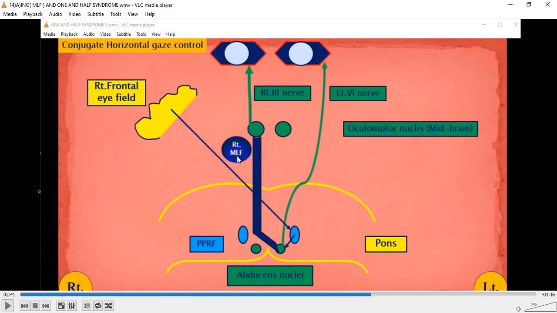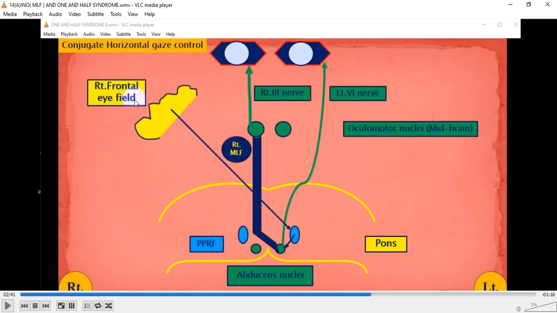We call it the right side medial longitudinal fascicle, which will supply the right third cranial nerve, which will supply the medial rectus, which will produce adduction, and this 6th cranial nerve will stimulate the lateral rectus, which will produce abduction of the left eye, and this will produce adduction of the right eye, and this will be responsible for what we call a left gaze, left side gaze.